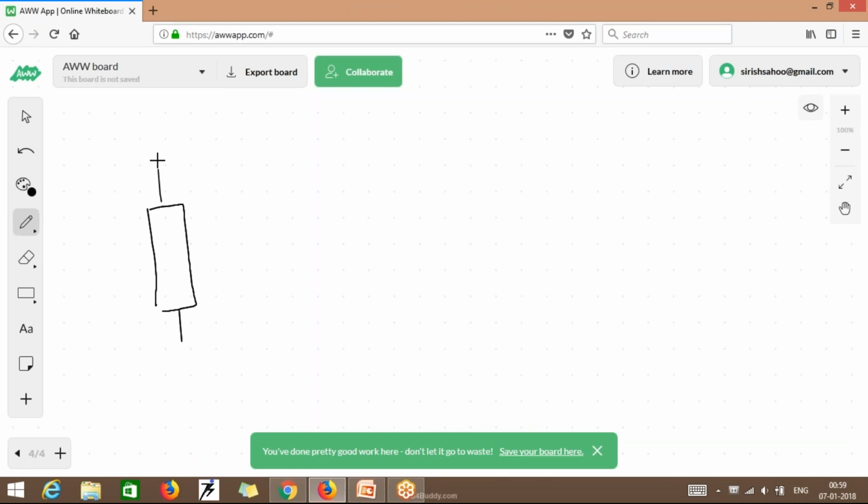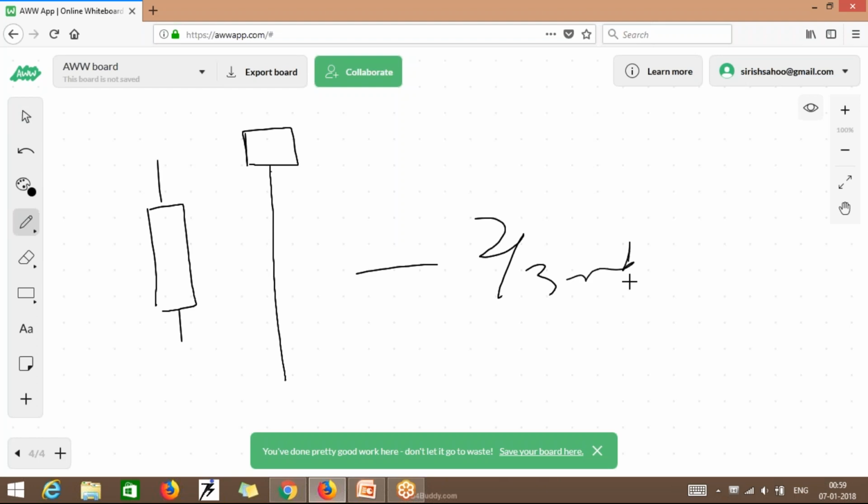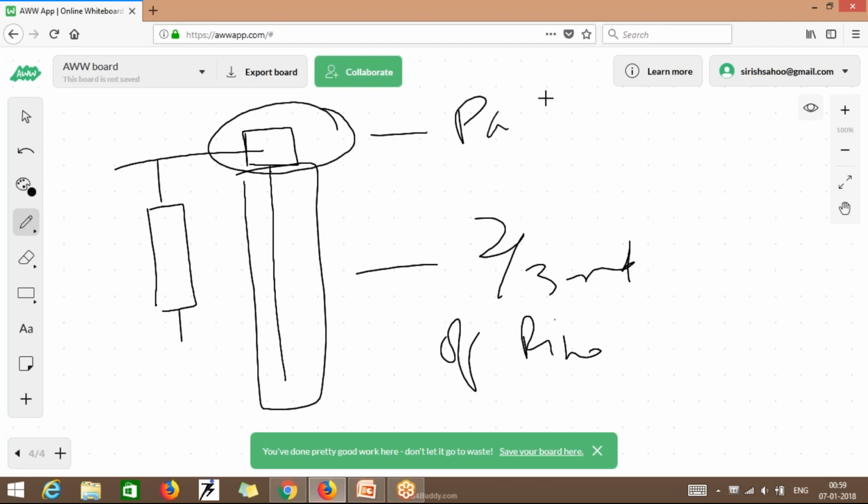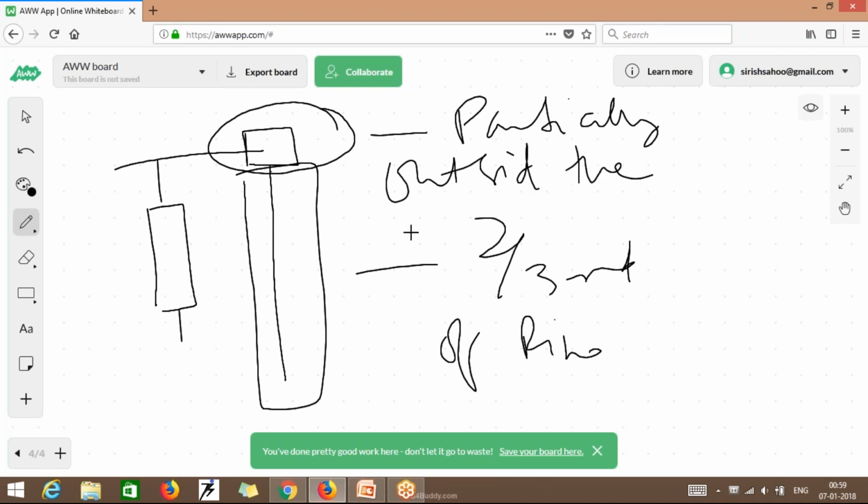If this is the candle and we have another candle over here with a long shadow, yes, definitely the shadow is two-thirds of the pin bar, but can you see the body of the candle is actually partially outside the previous candle.